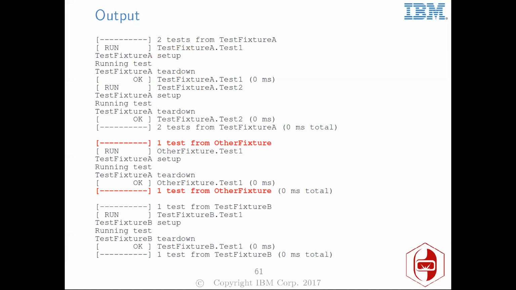This is the other fixture test case, but we still execute the setup and teardown from test fixture A. And then for test fixture B, we execute the setup and teardown for test fixture B.